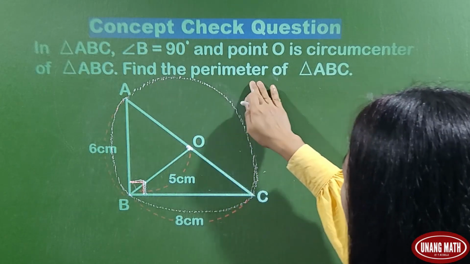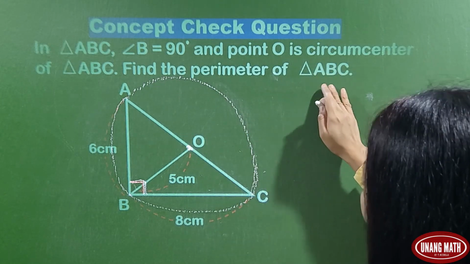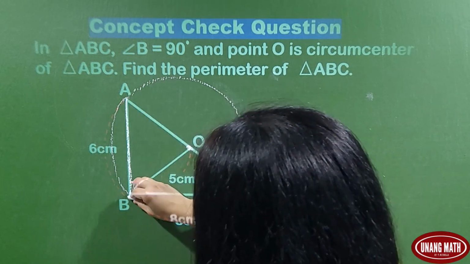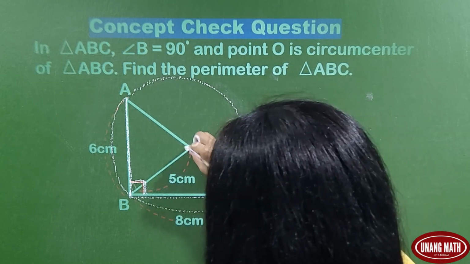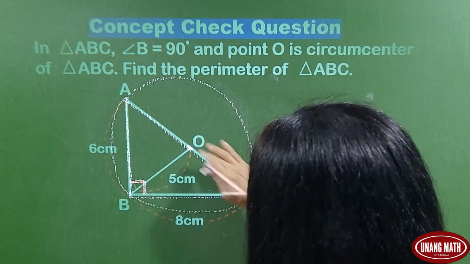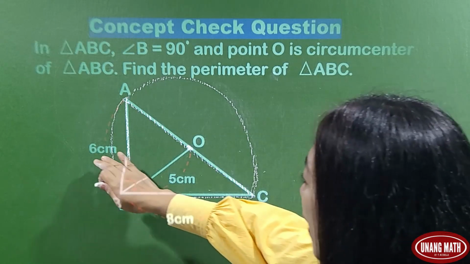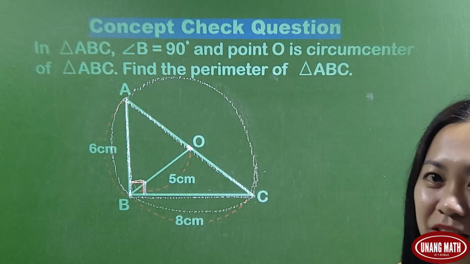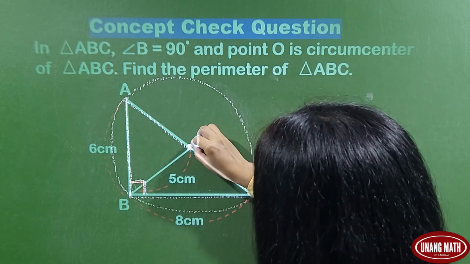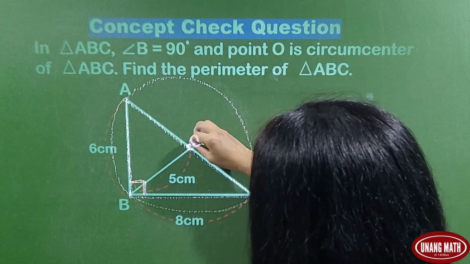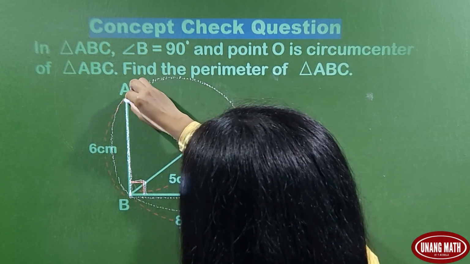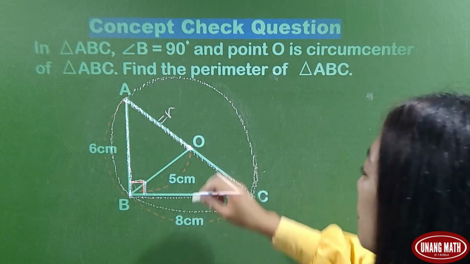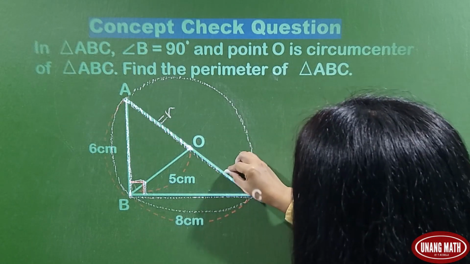Find the perimeter of triangle ABC. If it's perimeter, then we are just going to add these three lengths. We have here 6 centimeters, this is 8 centimeters. What about the hypotenuse? From the center of this circle to this vertex of the triangle is our radius. From this point to here, it's also radius.